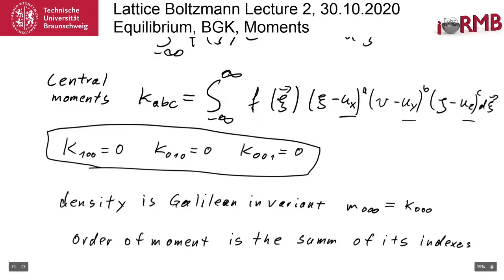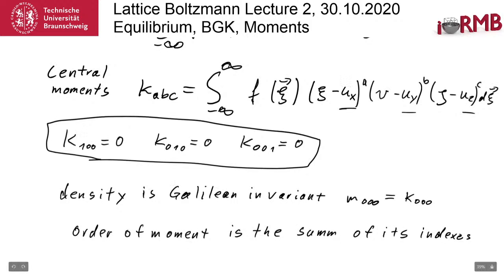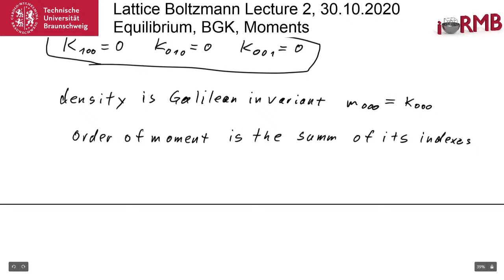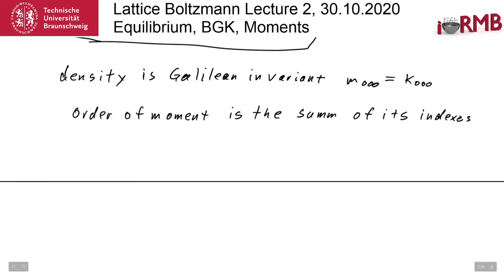So there is one zero order moment, three first order moments, and how many second order moments do we have? Can you write me in the chat how many second order moments we have, so that I can see that you're actually listening?